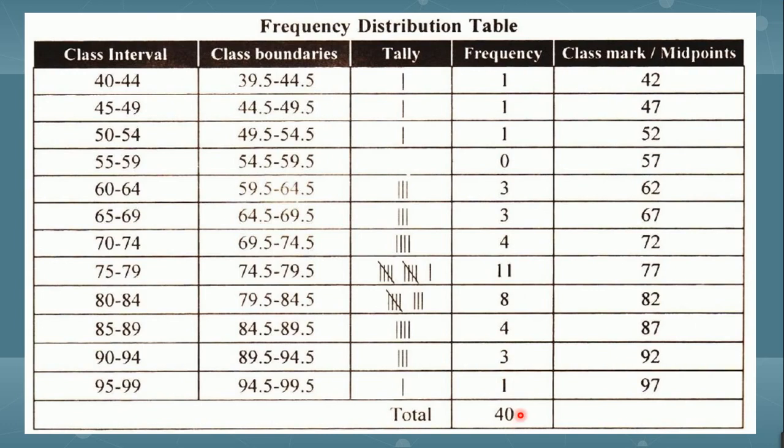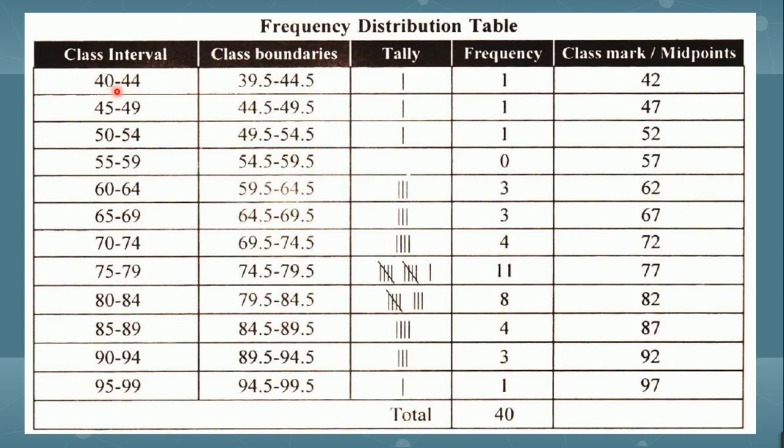Now in the question it is also mentioned to find the class mark. The other name of class mark is midpoint. What is class mark or midpoint? We will add the class interval values, 40 and 44. Add them, we will get 84.